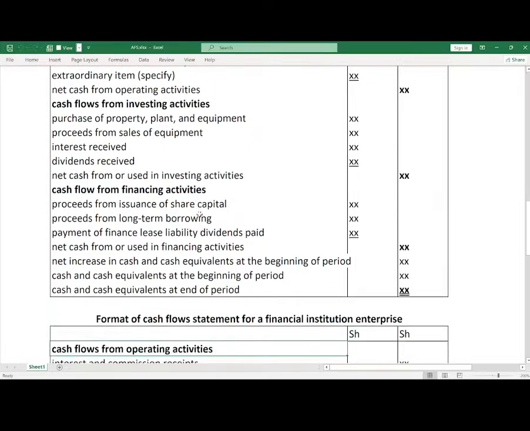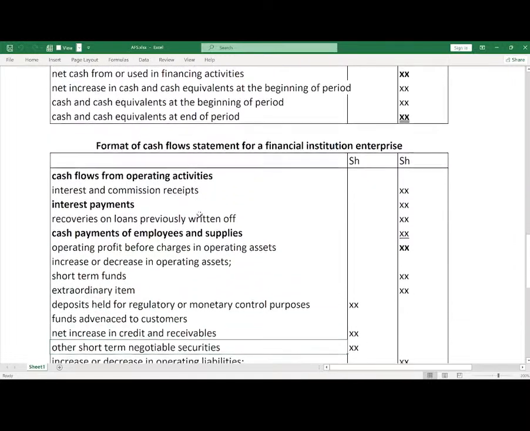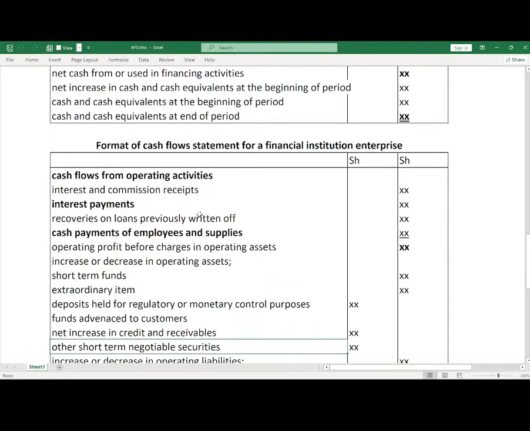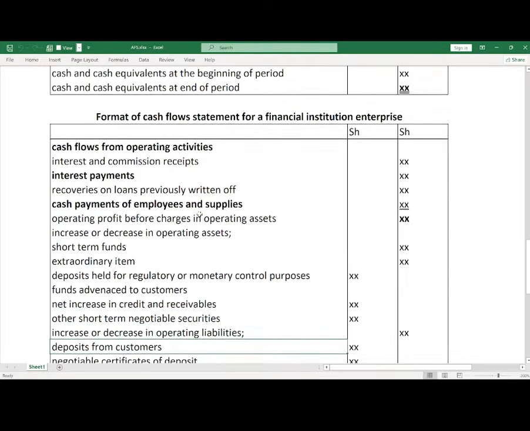So let's look at the format of a cash flow statement for a financial institution enterprise. So we are going to put it like this. So this is the format. I will start the same; both case scenarios have the same format.